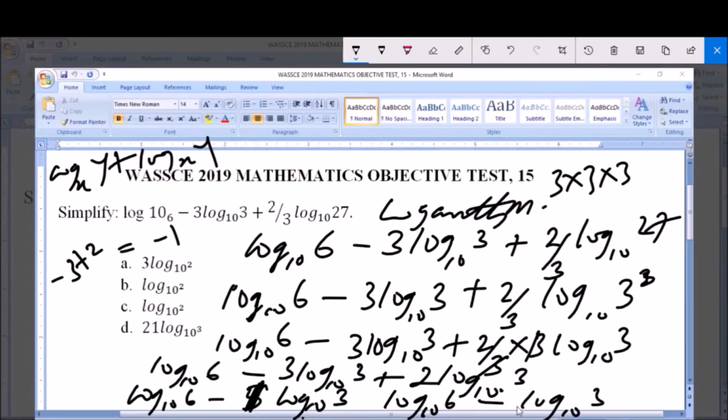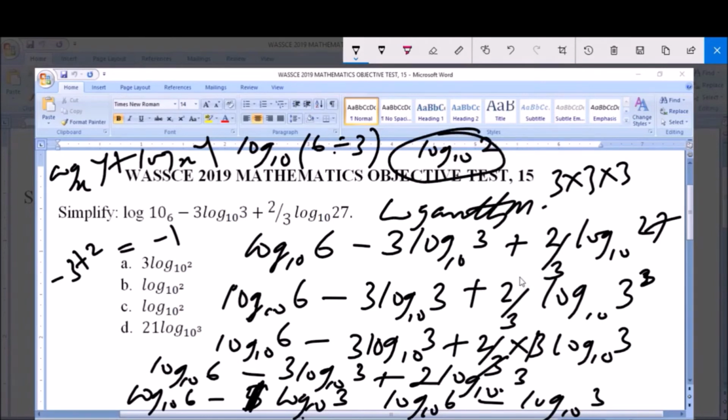So now we have log 6 divided by 3 base 10. And 6 divided by 3 gives you 2. So we have log 2 base 10. Now this is the answer to this particular question, log 2 or log 2 base 10.